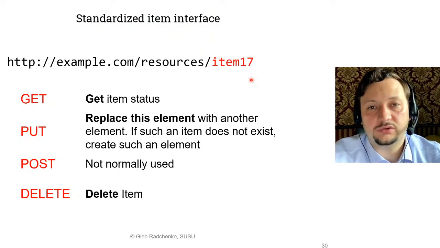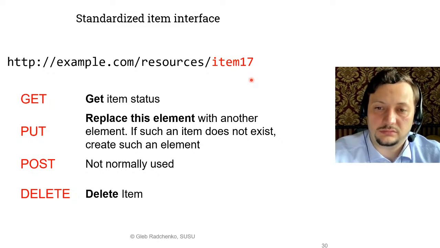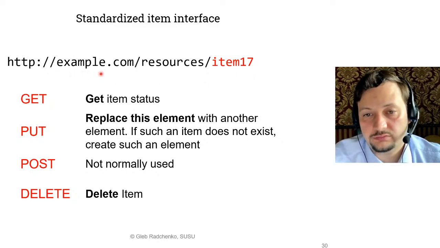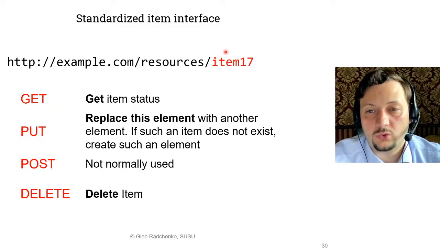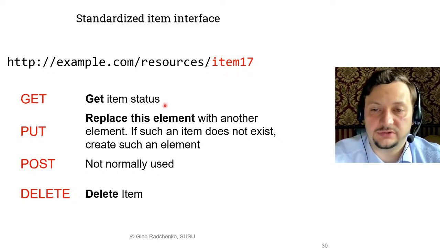So let's take a look at examples of how REST URLs and method invocations work. We have some server at the URL example.com. We have a set of resources, and we have one item that we want to work with. If we invoke the GET request with this path, resources/item17, the server would get the item status.